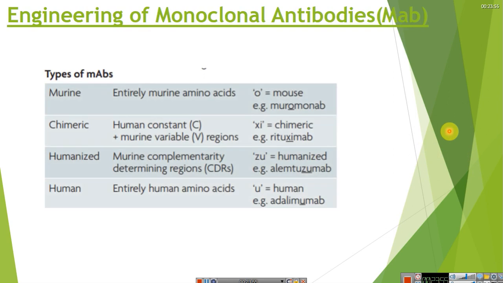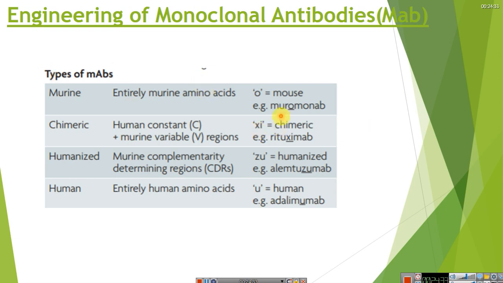Now, something about antibody engineering of monoclonal antibodies. We have seen certain terms like murine monoclonal antibody, chimeric monoclonal antibody, humanized monoclonal antibody, and also completely human monoclonal antibody. If you read the name of a monoclonal antibody, you can make a short guess about what kind of monoclonal antibody it is.